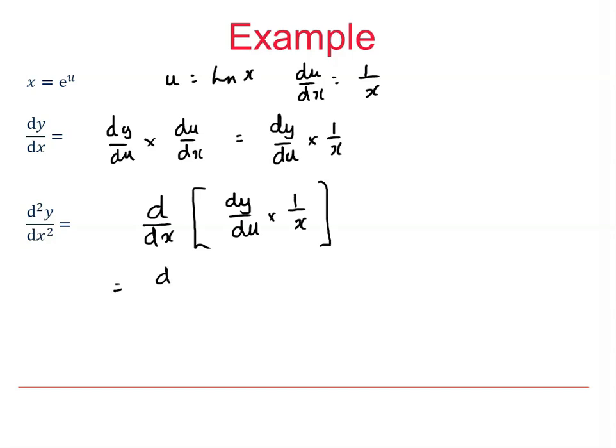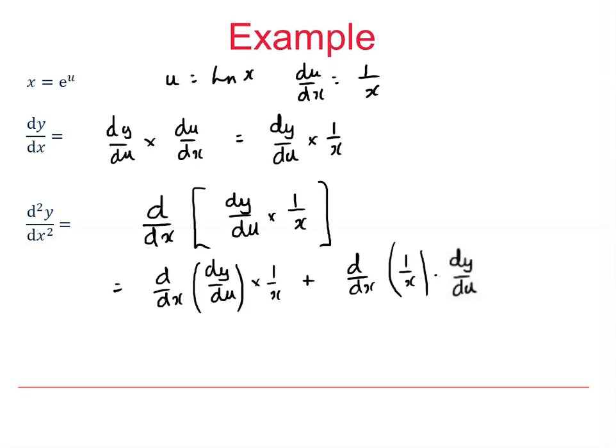Firstly, we'll have d by dx of dy by du multiplied by 1 over x, and then plus d by dx of 1 over x multiplied by dy by du. So that's differentiating the first and multiplying by the second part, and then differentiating the second part multiplied by the first part.